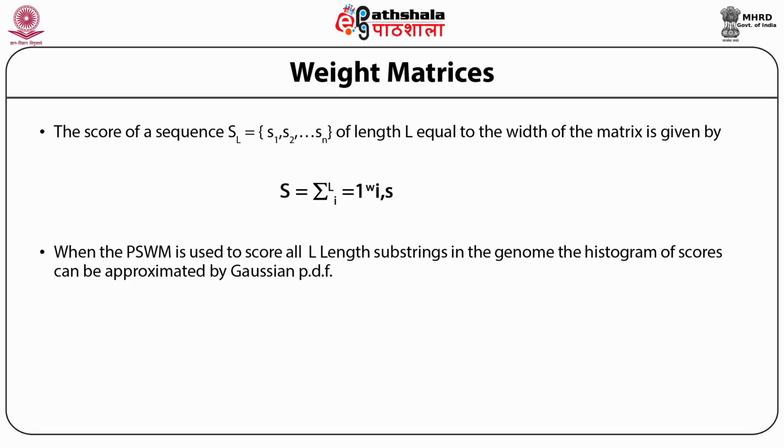Now when I do this, because I'm adding up these scores, there is something in statistics called the central limit theorem, which tells us that the distribution of the score will be a Gaussian.